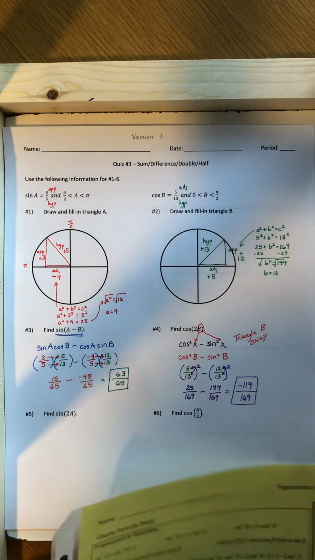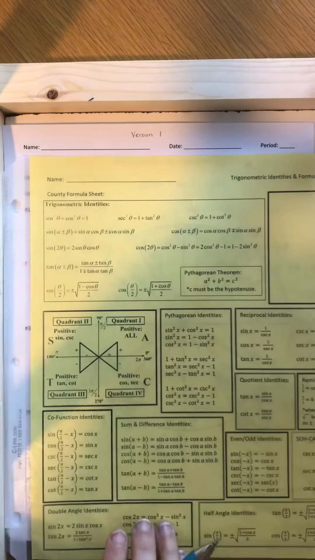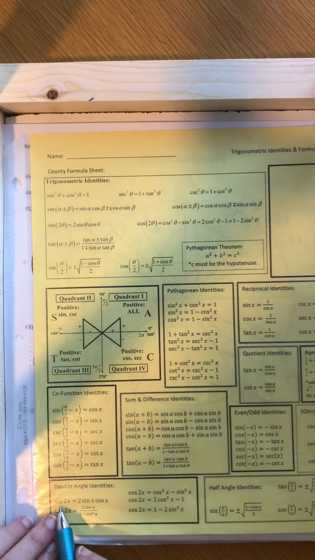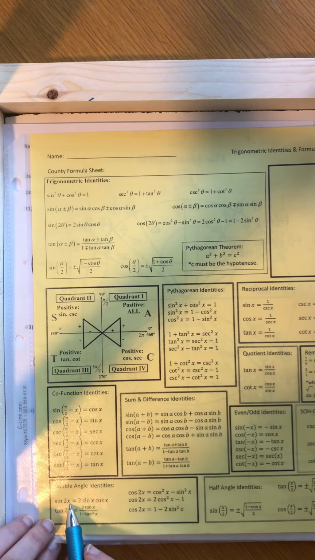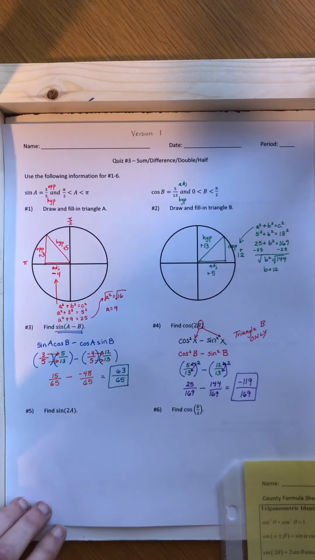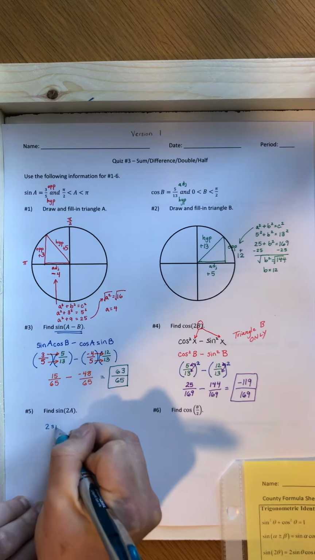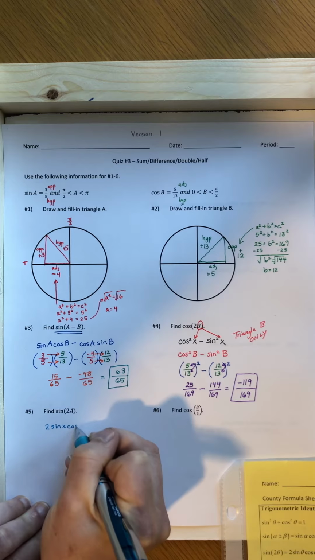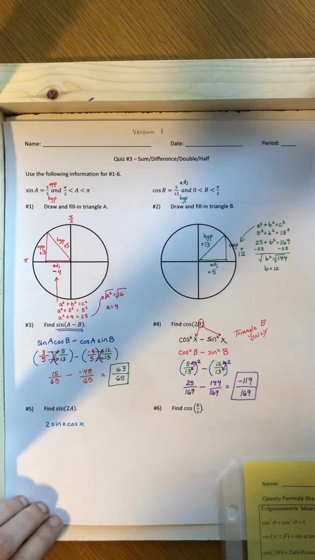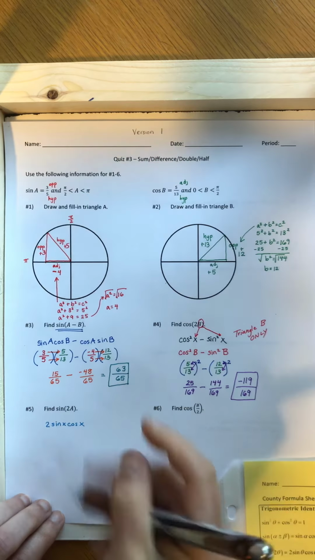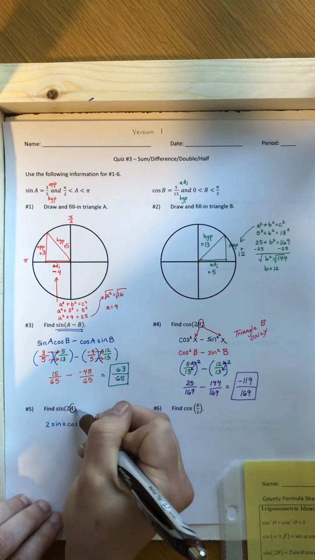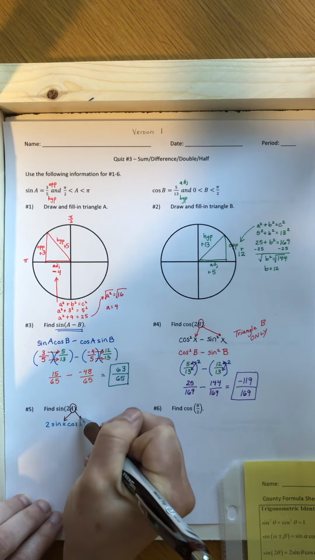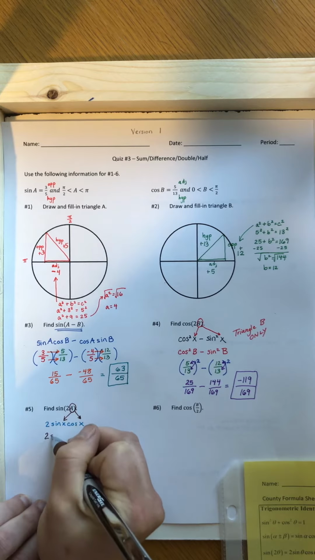To find the sine of 2a, so I'm finding the sine of 2x formula, it's 2 sine x cosine x. But the problem said to use triangle A, so if you want, you can replace the x's with the a.